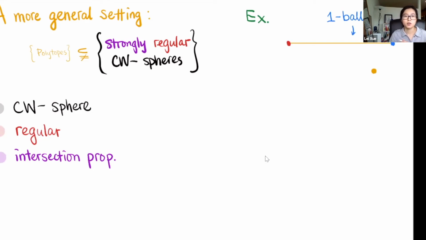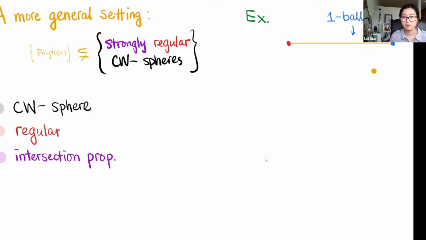And then you can get a set of d-dimensional balls, and we attach those balls to the frame or to the skeleton by gluing on the boundary of those balls. Okay, here's a friendly example. There's a line segment here, which is a 1-dimensional ball.